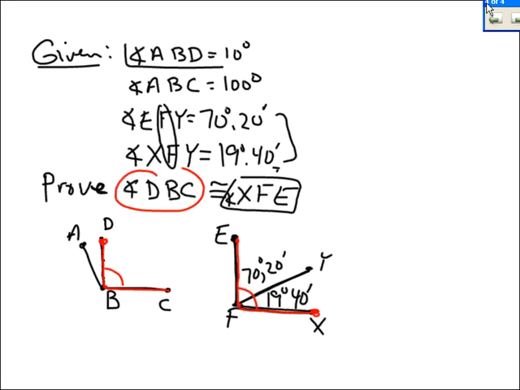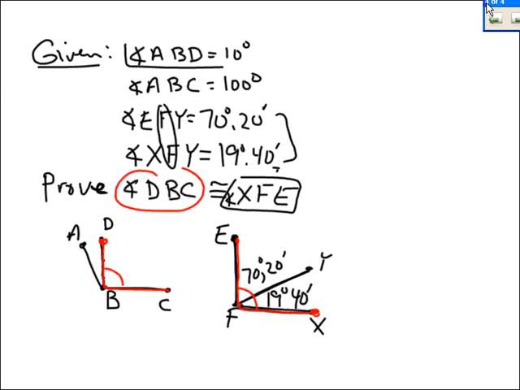So basically, the whole strategy to prove this is to prove that those two angles, DBC and XFE, are right angles. And once we show that they're right angles, we can say they're equal to one another. So that's the whole strategy.